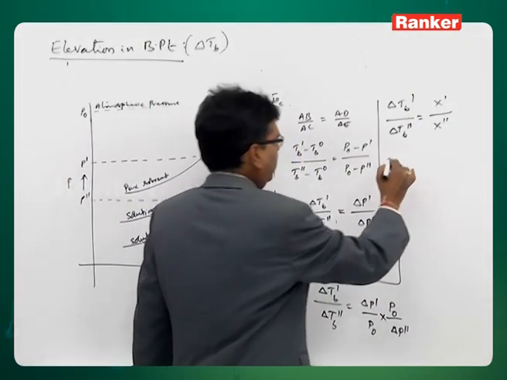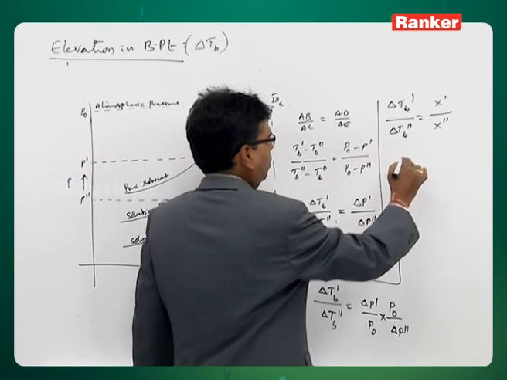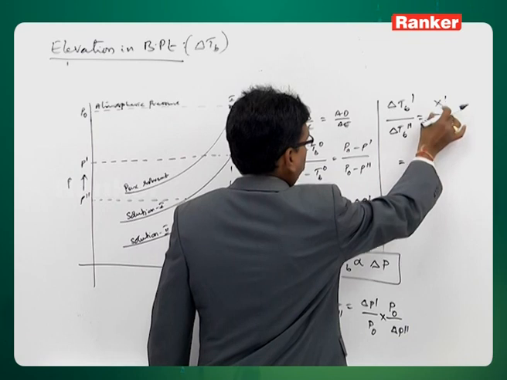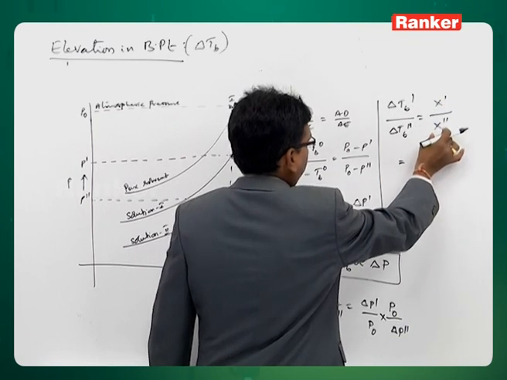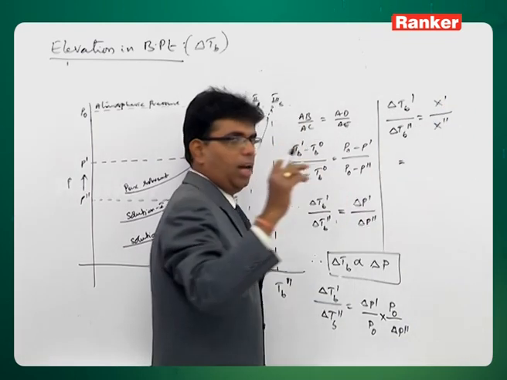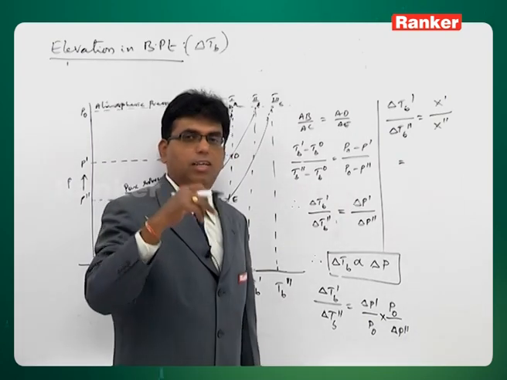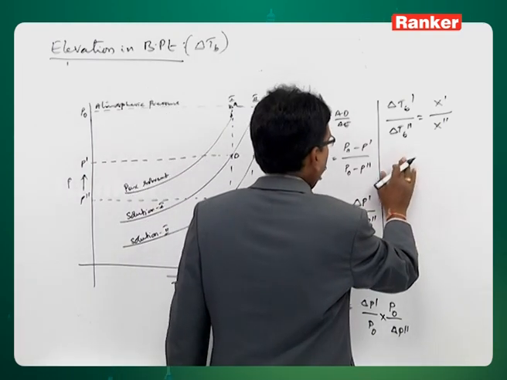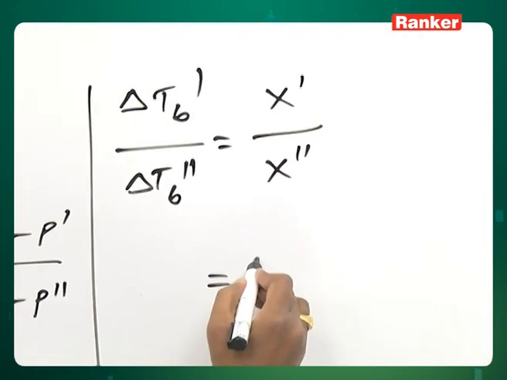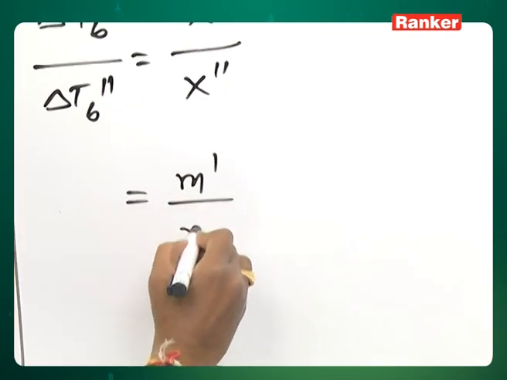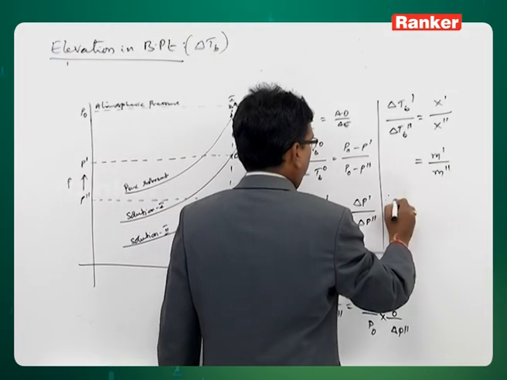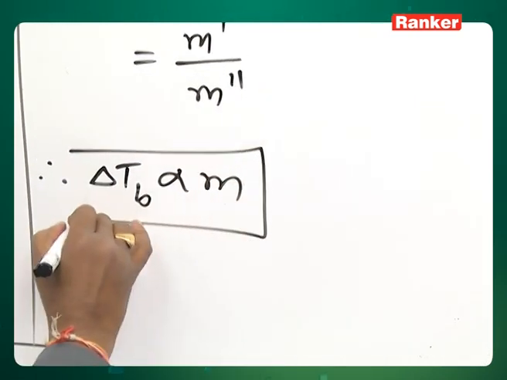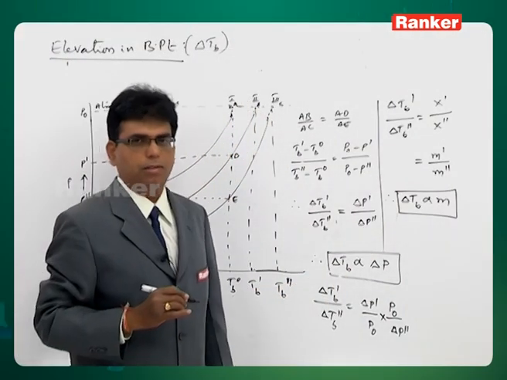Mole fraction and molality are again directly related. So also I can write that it is equal to molality of solution 1 by molality of solution 2. Therefore delta TB also I will write as directly proportional to molality of solution.